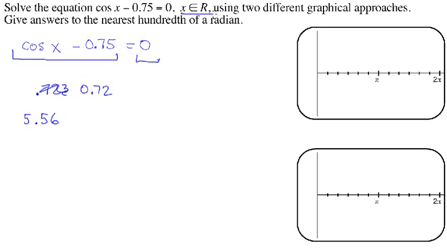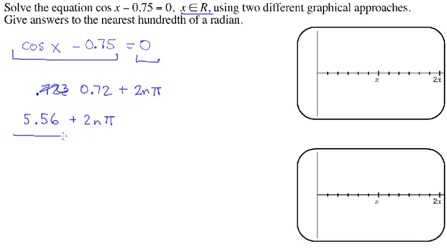But they say they want all the solutions on the real line, so this solution is going to happen again after 2 pi, and again after 4 pi, and 6 pi, and so on like that. So the complete solution would be 0.72, and then every integer multiple of 2 pi. And the same thing for 5.56. That'll happen again every 2 pi after that forever.